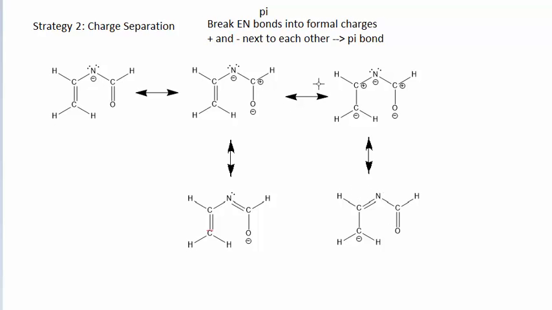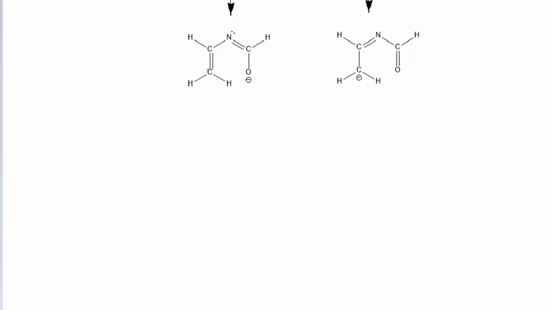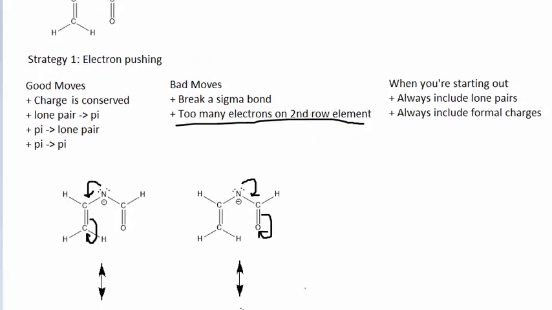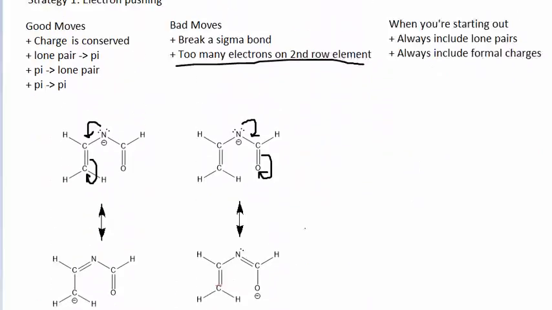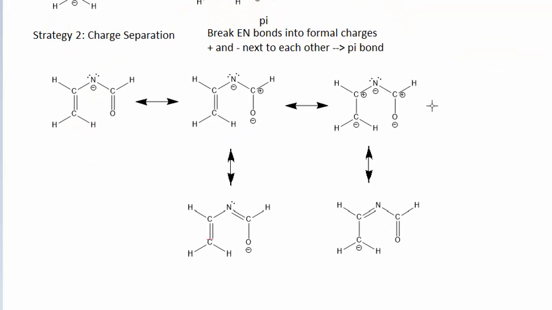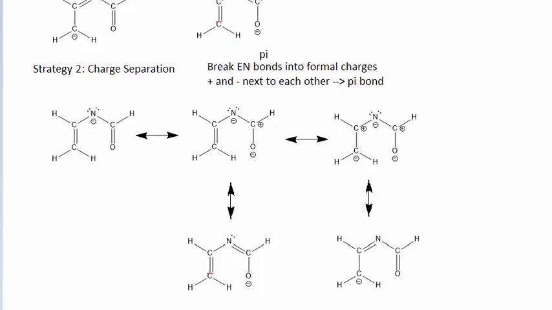You're just collecting charges. The downside is that you have more of these intermediates that are highly unstable, but you know those are just intermediates. You wouldn't consider either of these as the most important resonance structure. Okay, so hopefully you get good at electron pushing, but this is a good fallback strategy to use when you've basically gotten confused or you want to check out your answer.